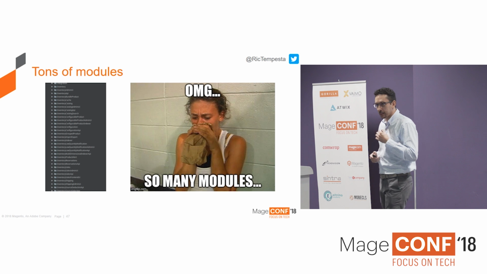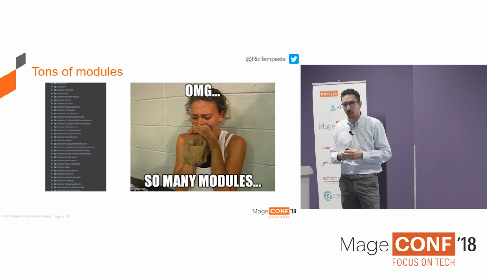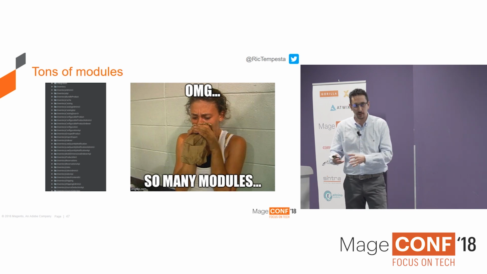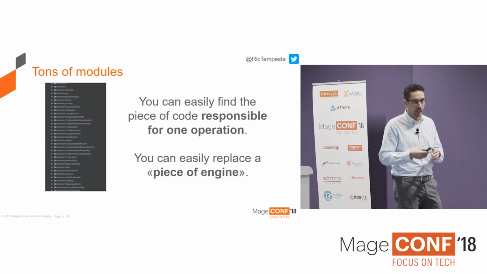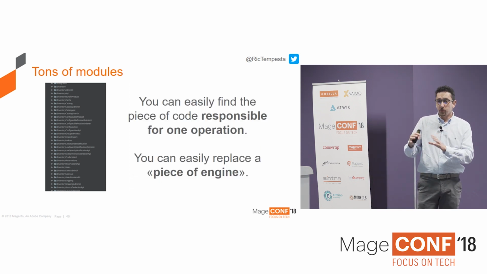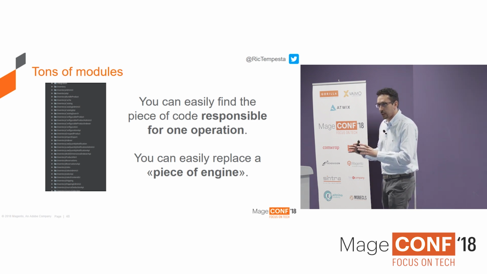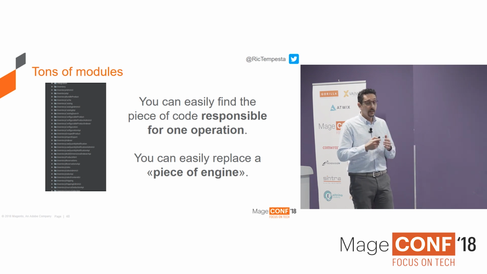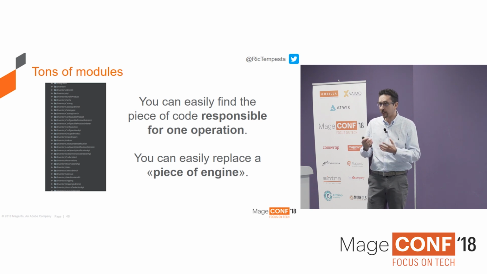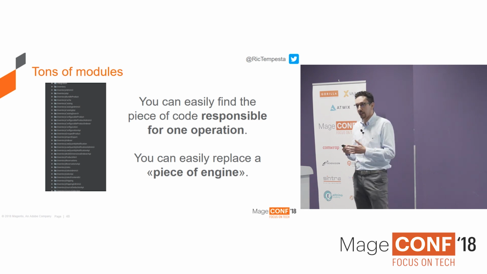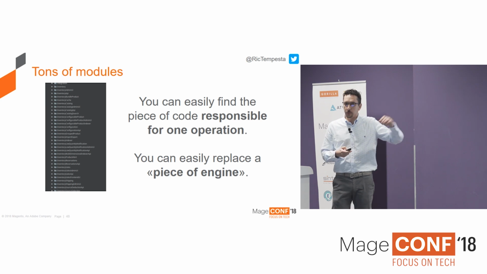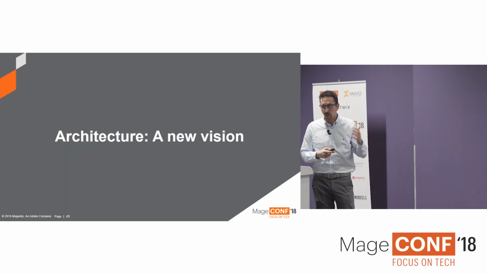Because today, from my perspective, the hard part when dealing with Magento is finding where something happens and changing or modifying it. In this way, you know perfectly and exactly where that piece of code is. And you can easily replace that piece of engine, actually.